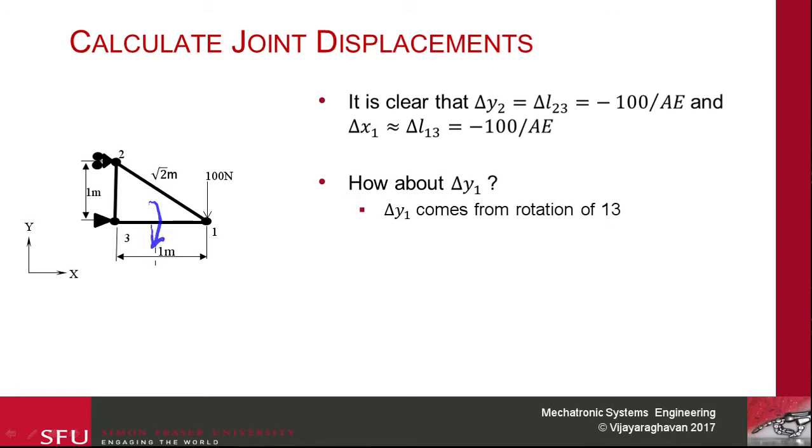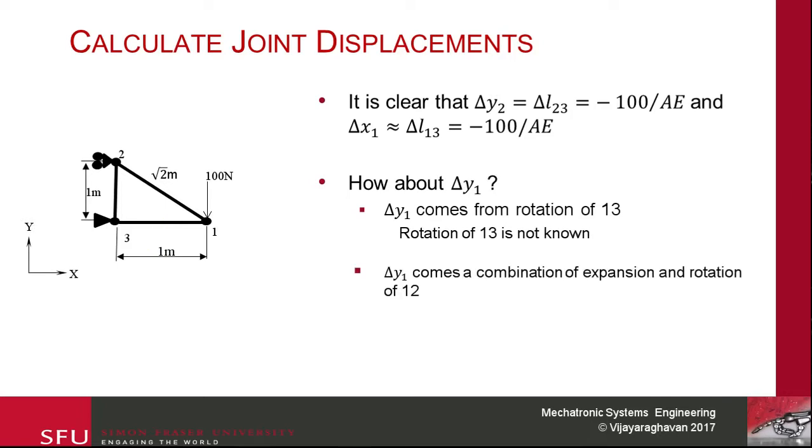That is going to cause some displacement here, but this is not that great because the value of the actual rotation is unknown. So what is the other thing we can do? y1 also comes from the expansion or change in length and the rotation of link 1, 2, and this is still unknown, but we can potentially calculate it.